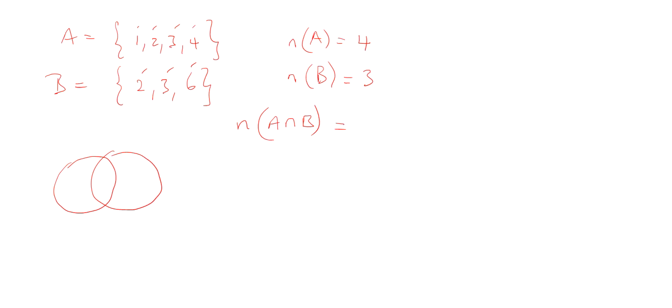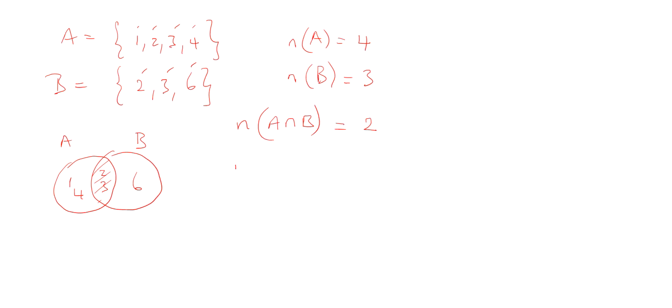So if I have a set A and a set B, and we put the information into the set diagram, we have, well, 2 will be here, 3 will be here, 1, 4, and also 6 will be here. Right? Now A intersect B is really this region here, and we just have 2 elements inside A intersect B. So number in A intersect B is really 2. Right?